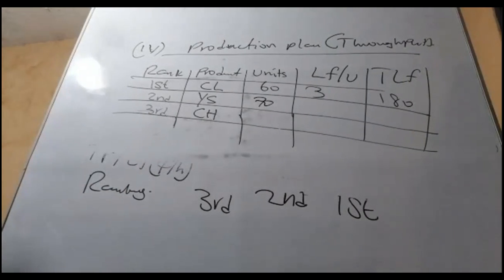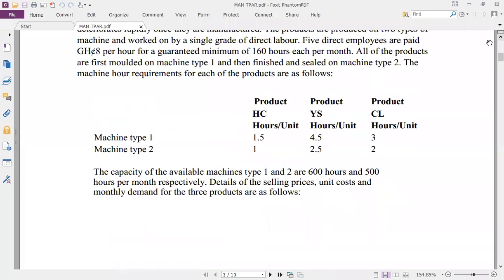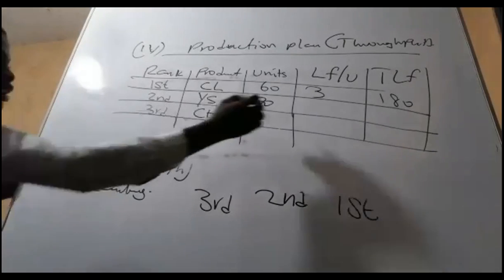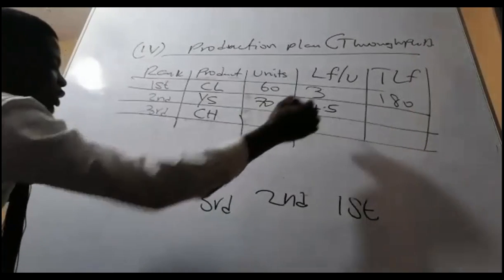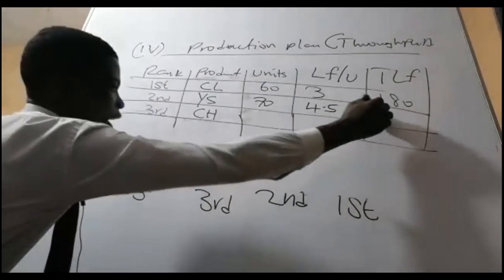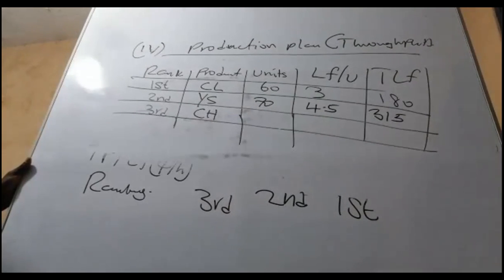Then we go in for the limiting factor, and the limiting factor for YS is 4.5. So 70 by 4.5 will give us 315. Good. So when you get 315, then the last one is the balancing figure.